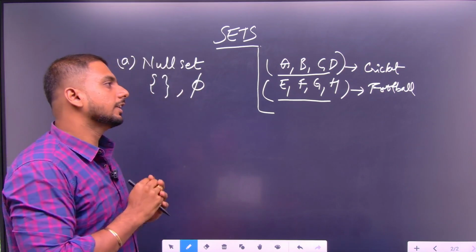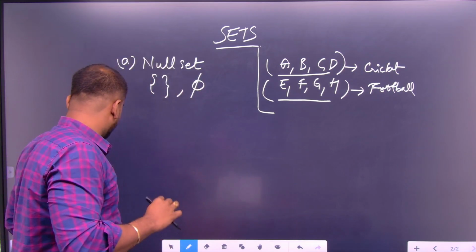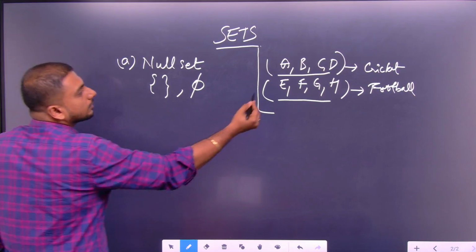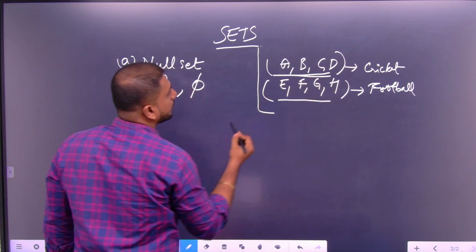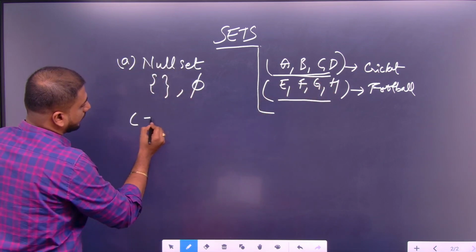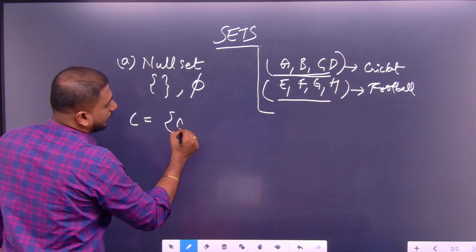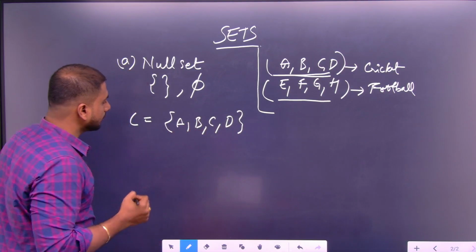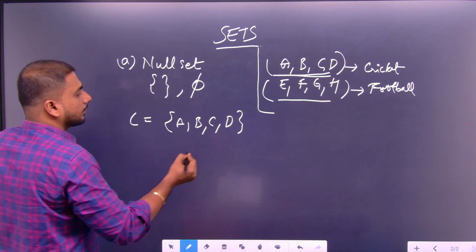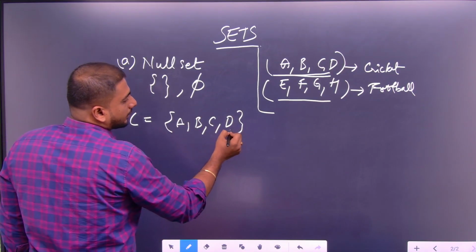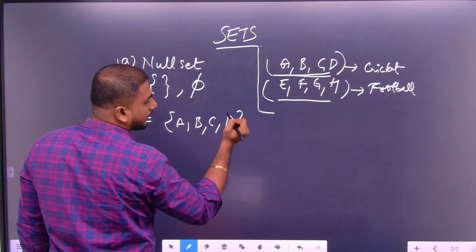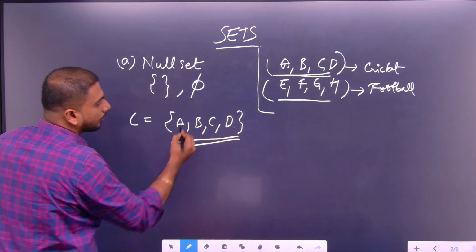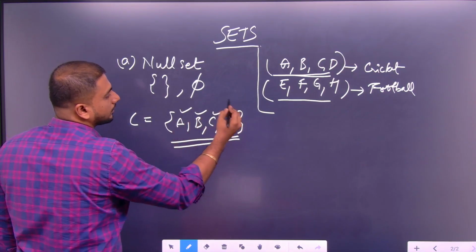Now we have another way of writing sets. Now we know here the sets were A, B, C and D for cricket. So our set C was A, B, C and D. Will there be any elements after D inside of this set? No. So it stopped at a finite amount of values inside it.